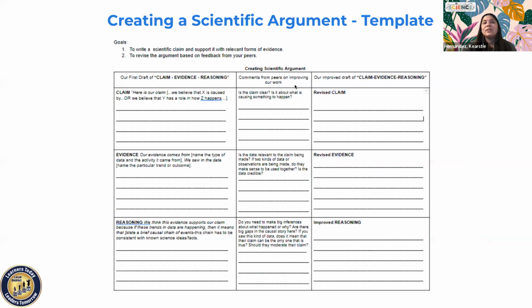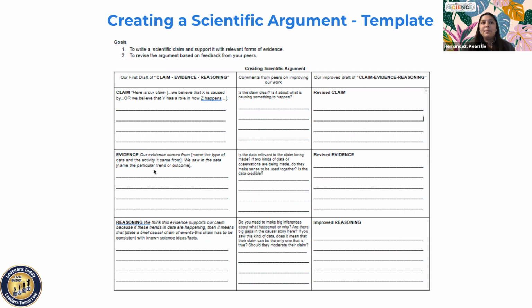So here is a model, a template for creating a scientific argument. And you can see the CER is broken up. And again, this template can be modified to fit the needs of your students, to fit the needs of your lesson, whatever it may be. And it kind of gives you sentence frames, and Craig put it into the chat.